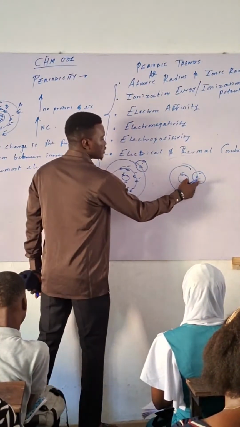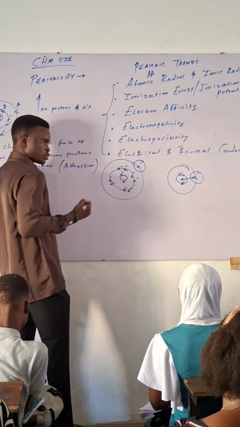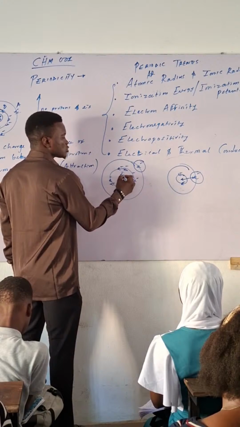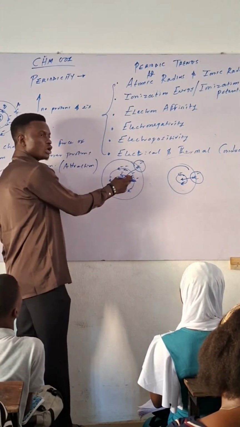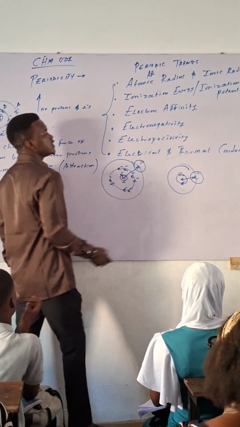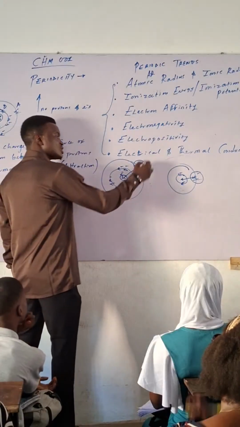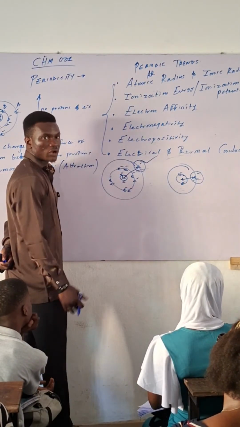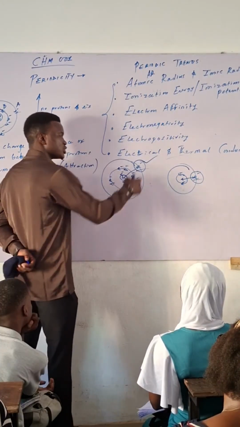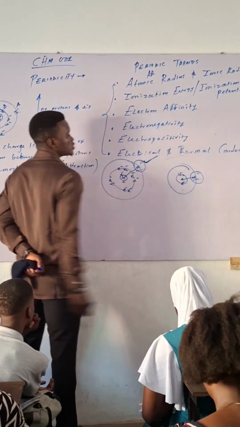But the distance of this one to the nucleus is short, so it will be pulled to the center. The distance of this one to the nucleus is very far, so it might not really feel much pull. So if they ask you which one can be easily removed out of these two, it is the one that is very, very far outside. We are going to apply a lot of things, though, but just note that the farther the distance, the easier it is to remove the electron.